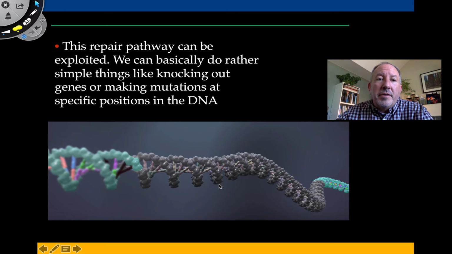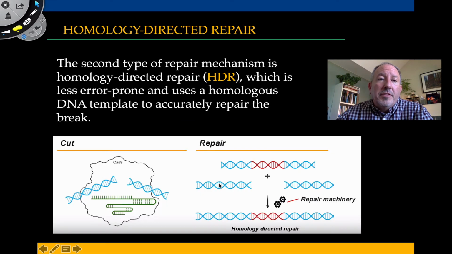So basically rather simple things like knocking out genes by making mutations at specific positions in DNA is rather useful, as it turns out. But this homology-directed repair, HDR, is even cooler still, because if we can direct single guide RNA Cas9 to cut a particular sequence that we're familiar with, we could also insert into the cell a piece of DNA that will be basically familiar on both sides of it.